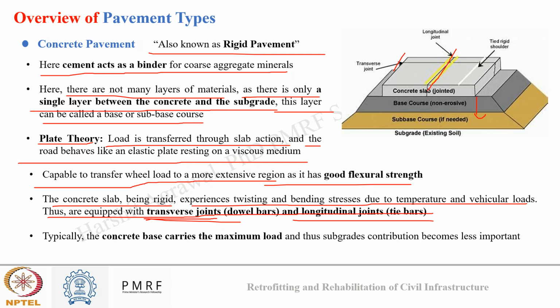Here you can see the longitudinal joints and the transverse joints provided in a concrete pavement. Typically the concrete base carries the maximum load, as we said earlier, and the subgrade contribution becomes less important. So this is concrete pavement.